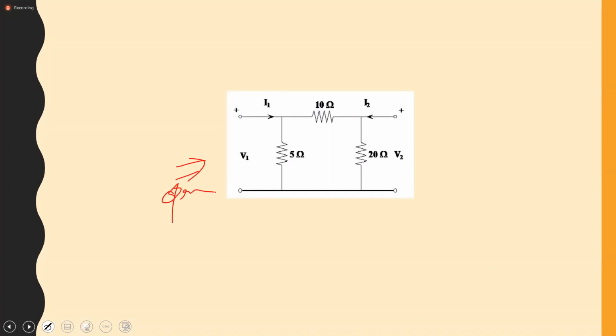So if it's open, I1 is equal to 0. But bear in mind, we still have a V1 there. We still have voltage across the 5 ohm resistor, which is V1. So I am interested in finding H12, which would be V1 over V2 with I1 0, or port 1 open circuited.